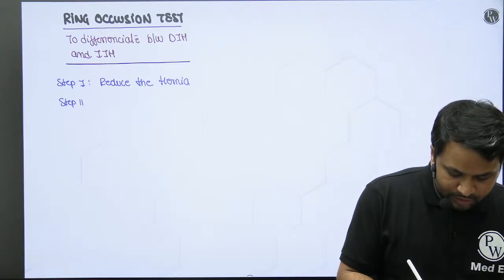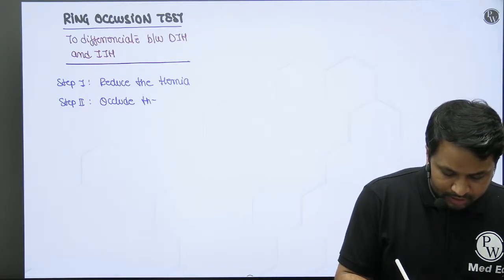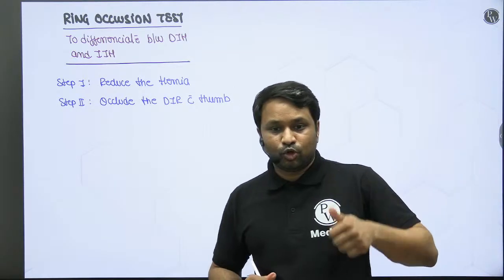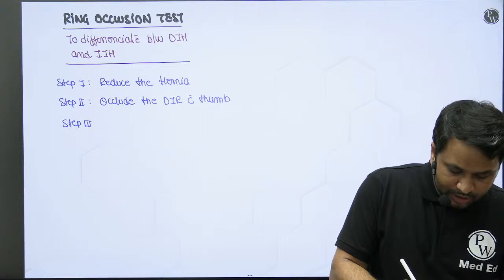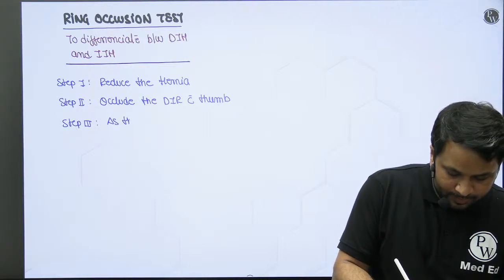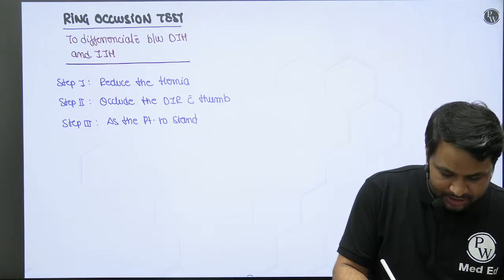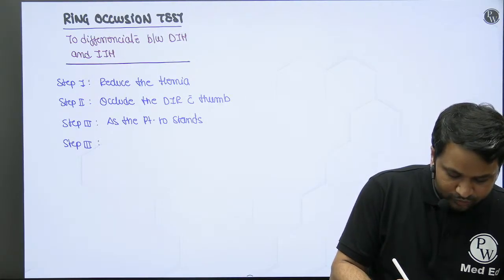After you have reduced the hernia, you have to occlude the deep inguinal ring with your thumb, right? Step 3, ask the patient to stand. Now, once the patient stands, step 4. What is step 4? Ask the patient to cough.